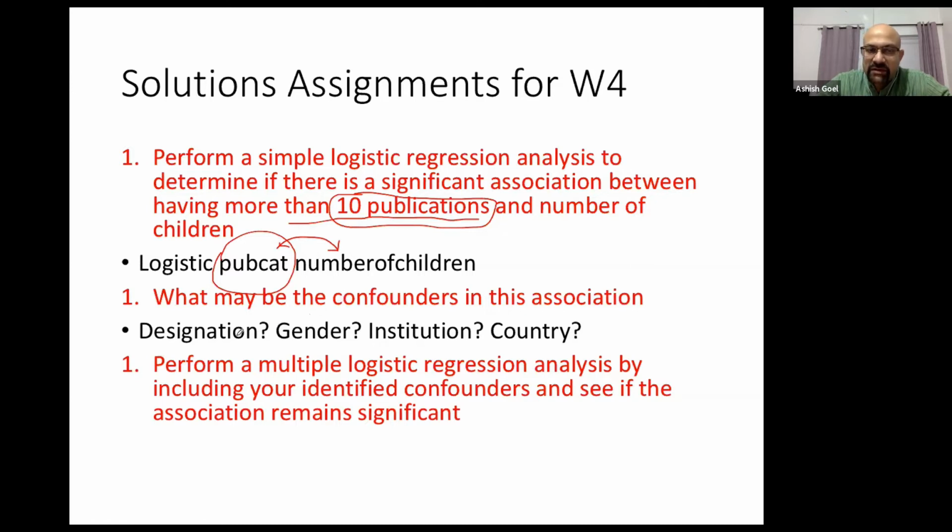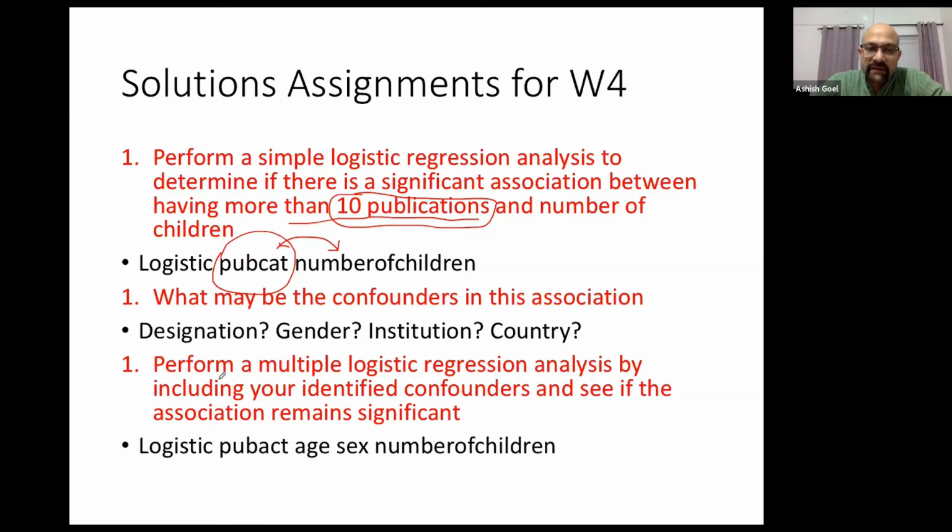You could have thought about the designation of the individual, the gender, the institution or country. No answer is right or wrong. It all depends on how you present it, how you justify it, and what logic you give for including or excluding a particular variable.